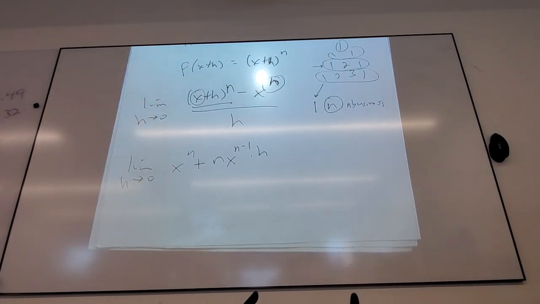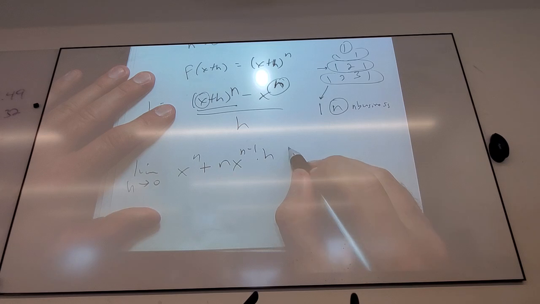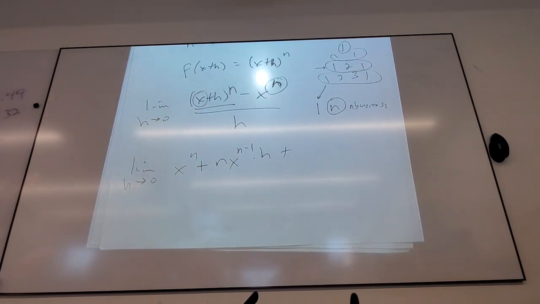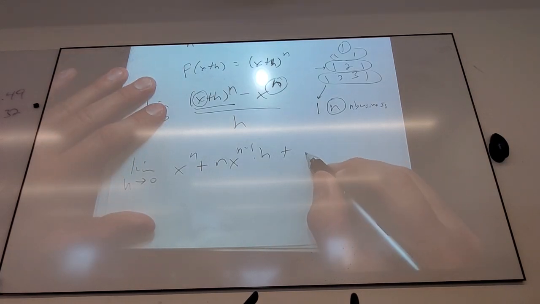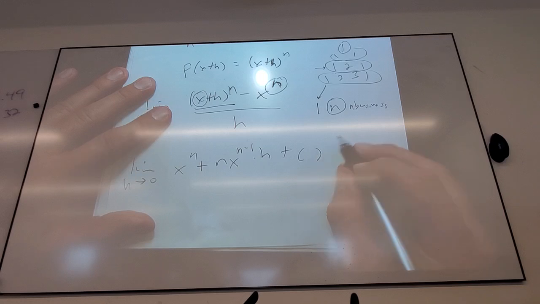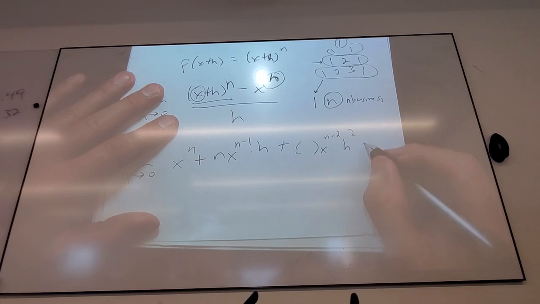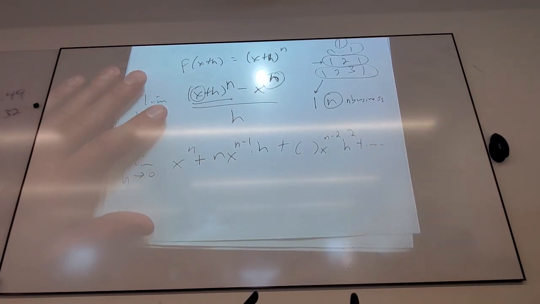That's the idea, yes? Plus, do you understand now every term after this, how many h's will it at least have? 2. So the next one is going to be some coefficient based on n, x to the n minus 2, h squared. And then plus all stuff that have at least 2 h's in them.